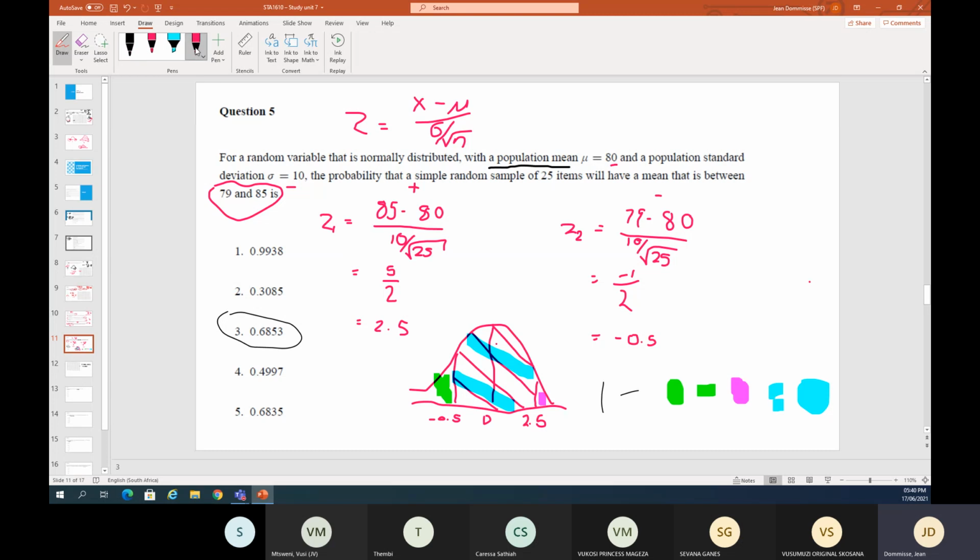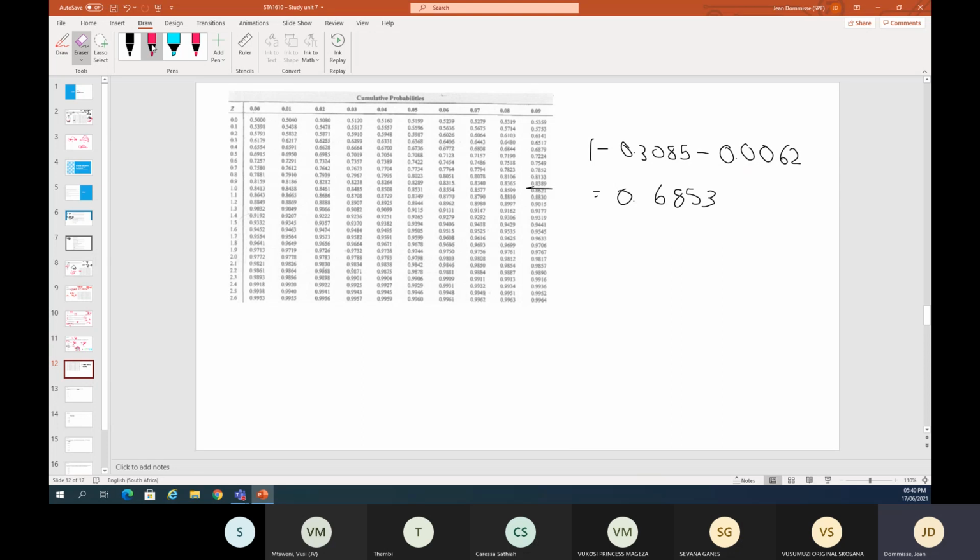The other one is to say, well, I've got my blue area that I need to get. So I get the total area. Let me rather do it on the, so we don't get confused between all the colors. That was 2.5. That was minus 0.5.